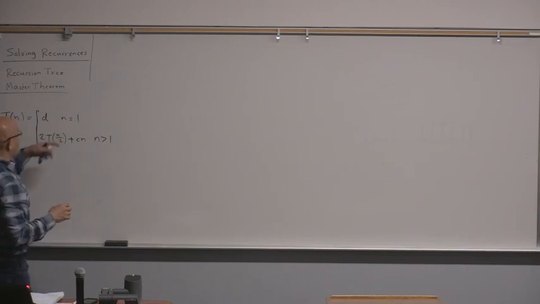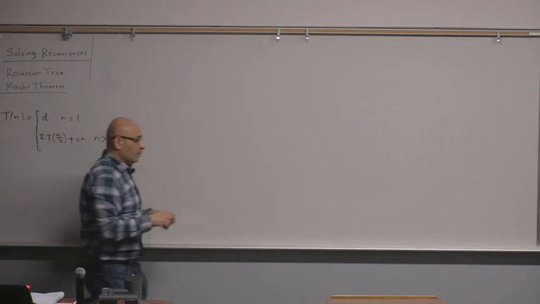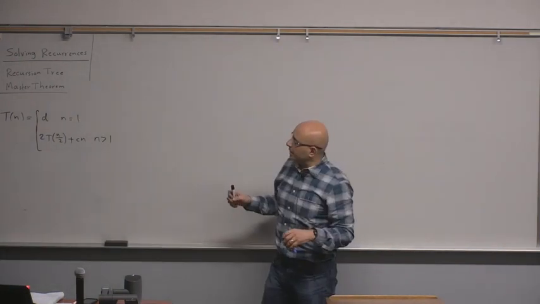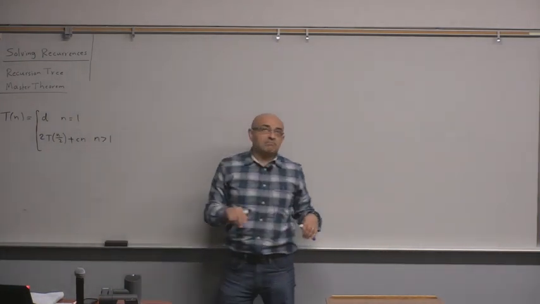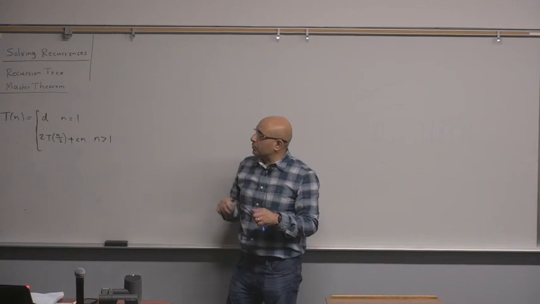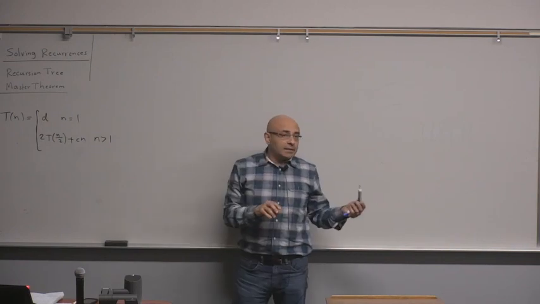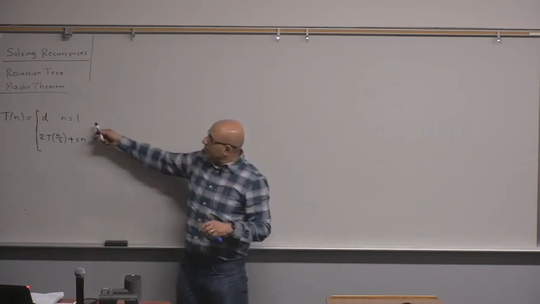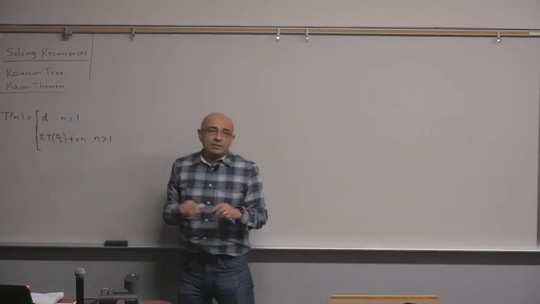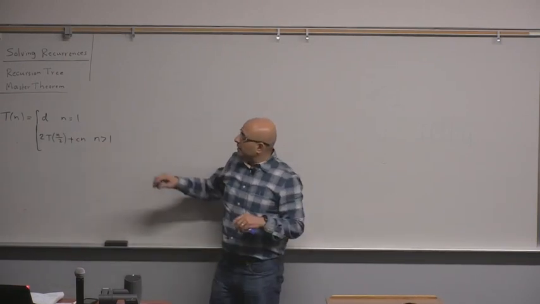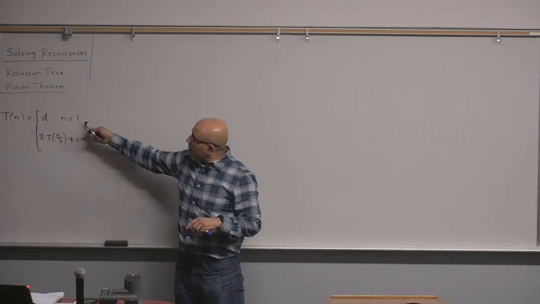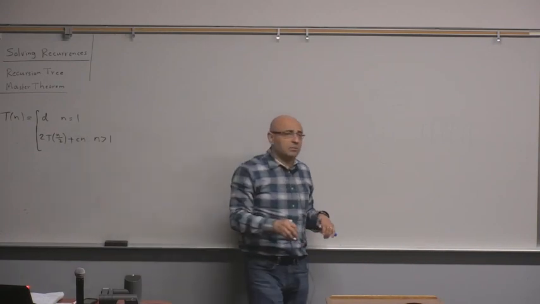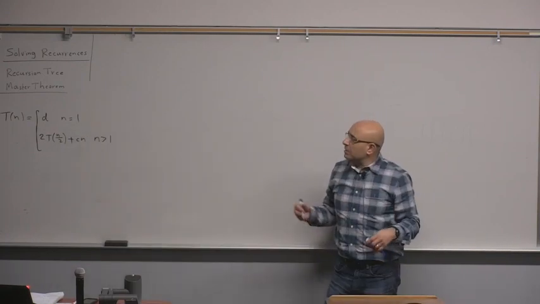Now we are writing this base case explicitly, but later on we'll start dropping the base case, because in almost all the examples that we will be going through, the base case will have a constant running time, and the size of the base case will not necessarily be 1.